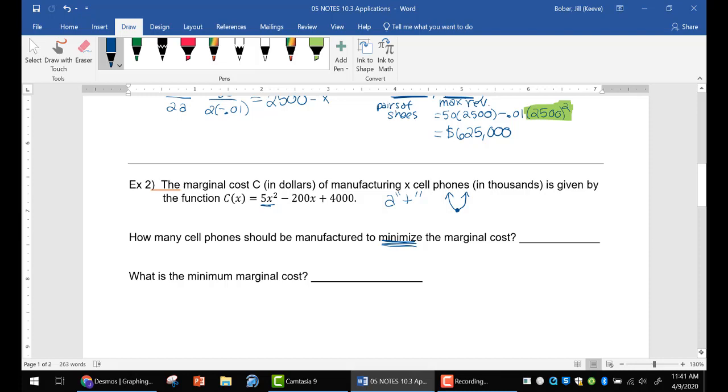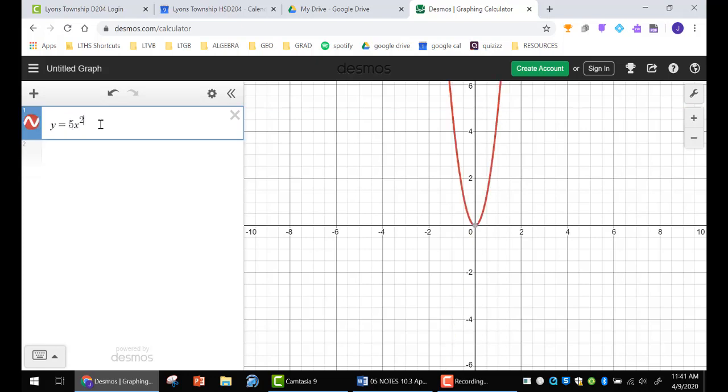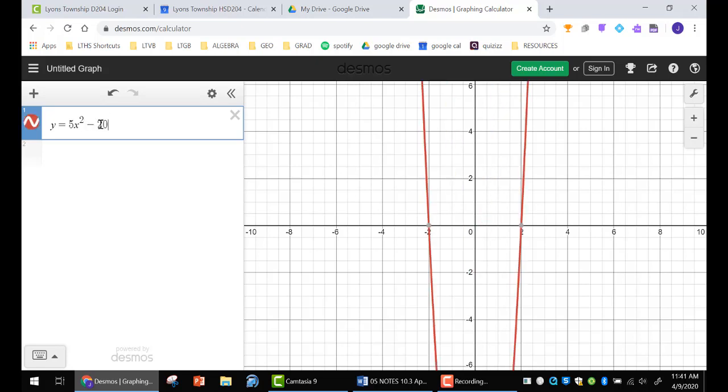So I'm going to go to Desmos.com and hit graphing. I made my screen a little bit bigger so we could see all of this. I'm going to type in my function, y = 5x² − 200x + 4,000.